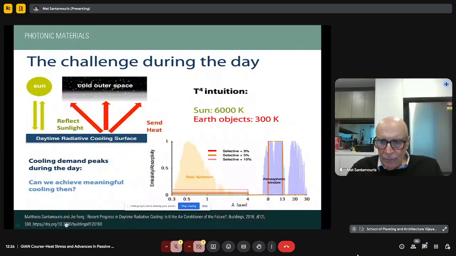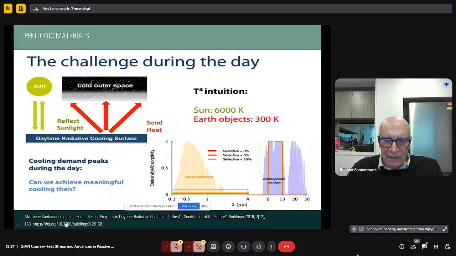At wavelengths between 8 and 13 micrometres, the radiation emitted by materials or by the ground surface can escape to space, because the atmosphere is transparent to this wavelength. It does not absorb here, does not re-emit, does not reflect up to 80, 90%.